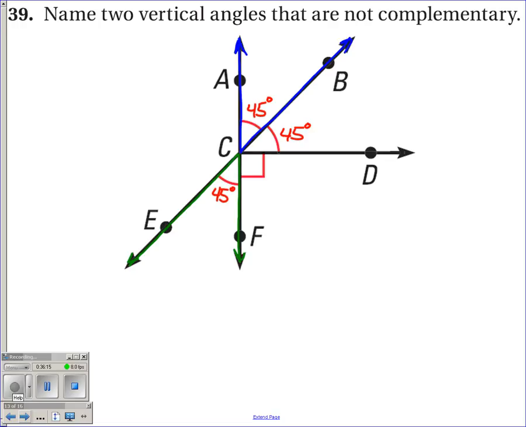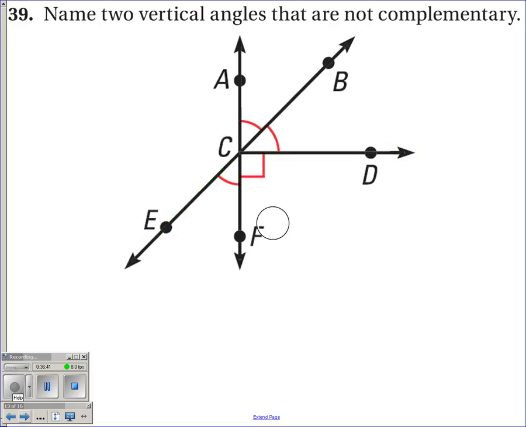So I can't use those pairs of angles. I have to try something else. Well, there's not a whole lot of vertical angles here, but there is another pair. Take a look at this one, angle ECD. Well, I don't have one vertical with that. I got to try something else.